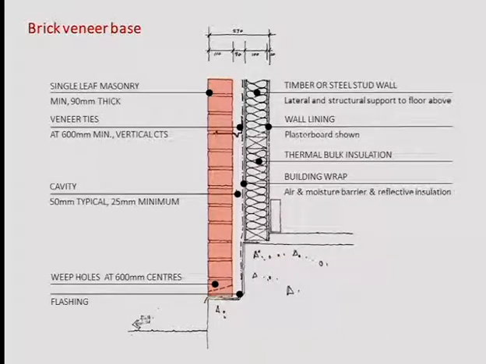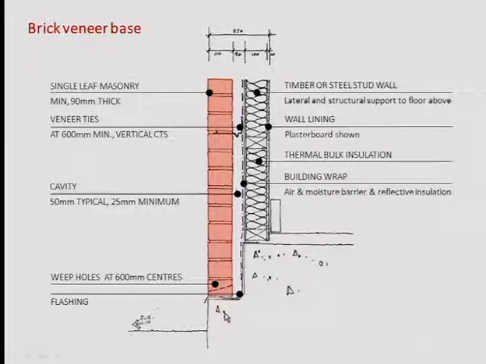So first we need to make sure that there is a structural element. All right? Always, when you look at a cross-section and you want to understand how the section is done, find the structural elements first. Make sure that there is continuity so that the structural loads can go from the top towards the footings and then again to the ground.